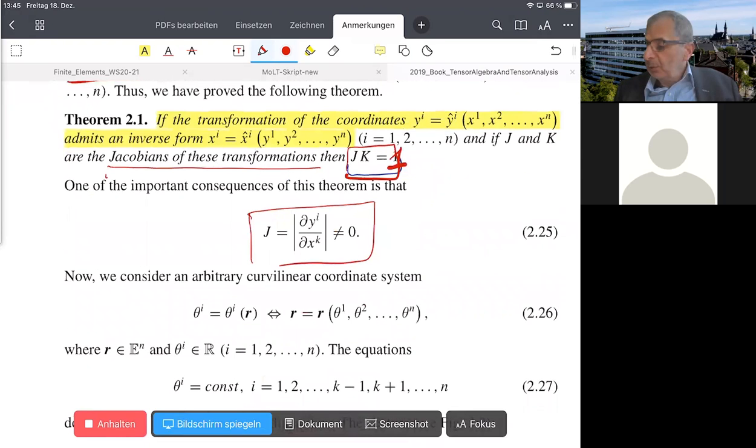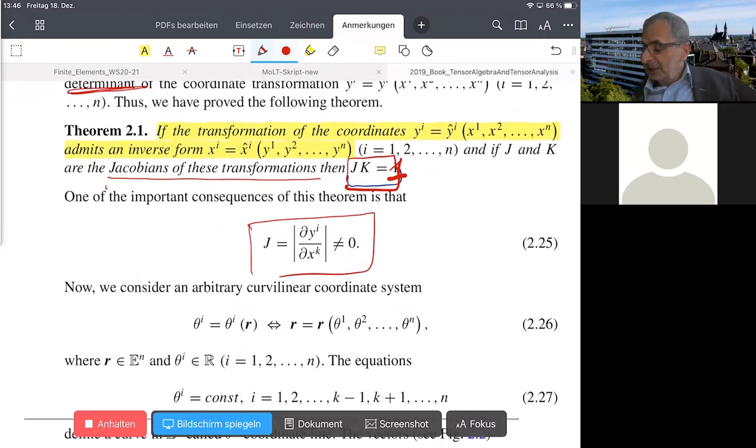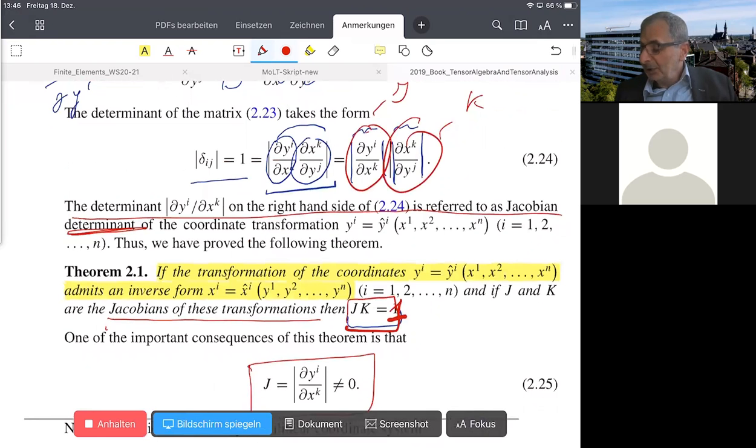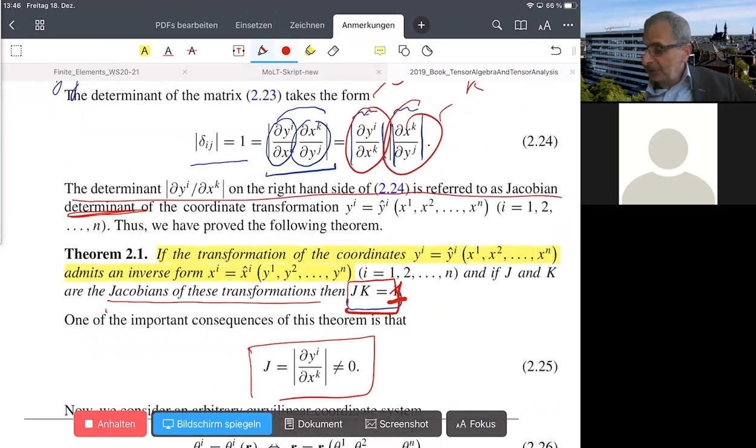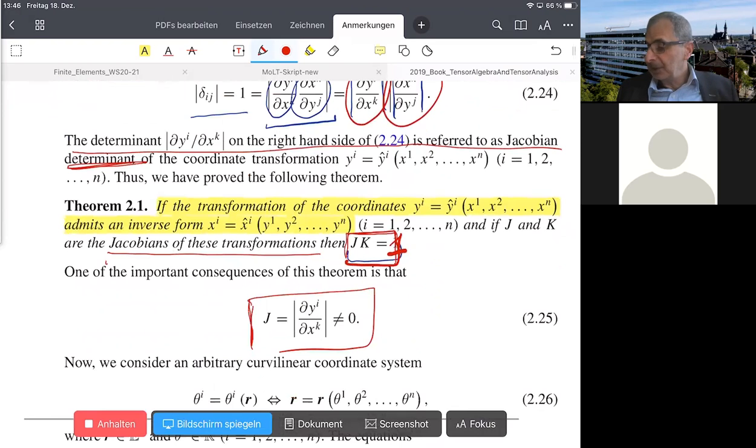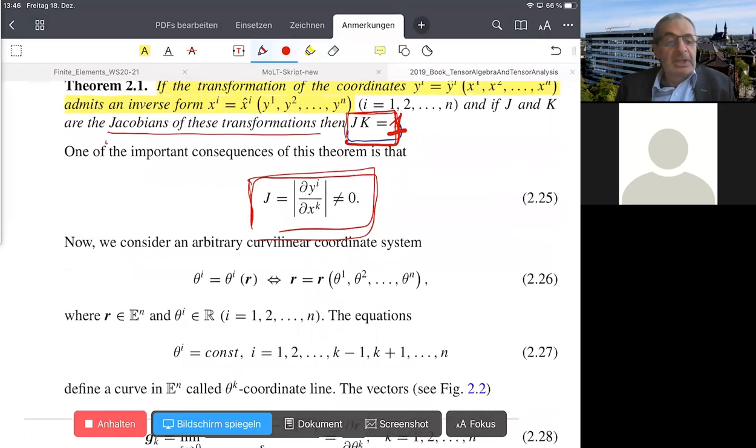Okay, once more, if we have these two coordinate systems, then these coordinate transformations should have non-zero determinants, because the product of these two determinants, in the direct coordinate transformation and the inverse one, for example x to y and y to x, should be equal to 1. And as a result, none of these Jacobians can be equal to 0.